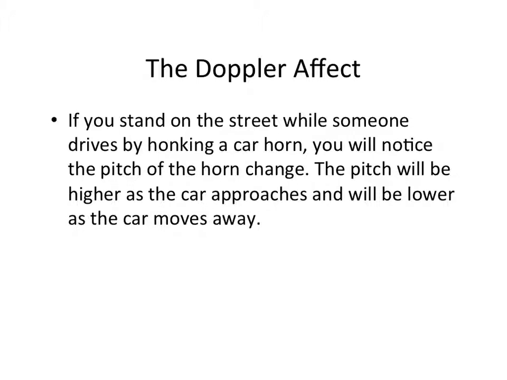Now, the Doppler effect. You have probably all heard of Doppler radar, and it uses the same effect. But I'm sure that you have all heard a siren coming down the road, and as it gets closer and closer to you, it gets a higher and higher pitch, and then it passes you, and as it goes away, it gets lower.